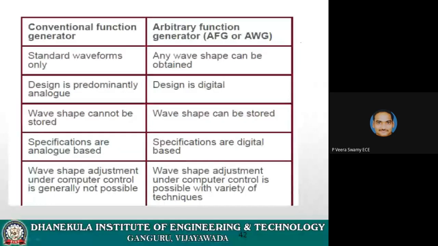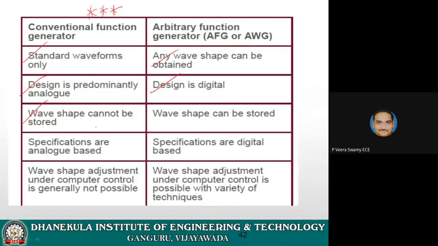So see here, the comparison between the conventional function generator and the arbitrary waveform generator. See the first point, please note down. It's a very important one. Standard waveforms only: this is used to generate standard waveforms only. Any wave shape can be obtained here. Design is predominantly analog. Design is digital. Wave shape cannot be stored.